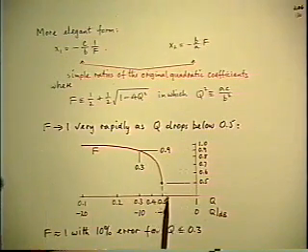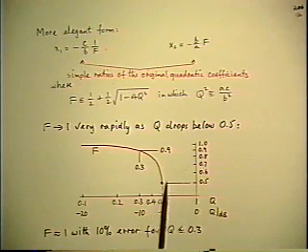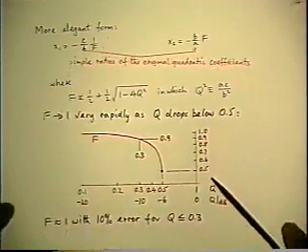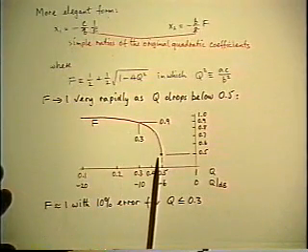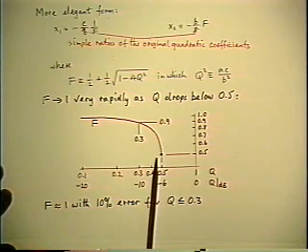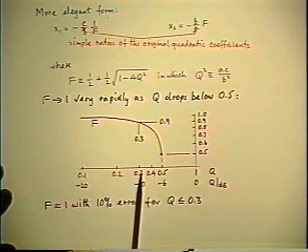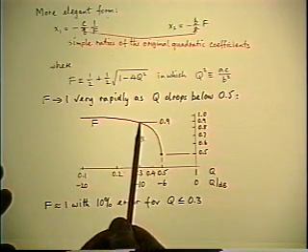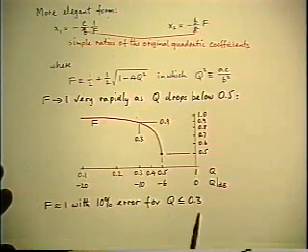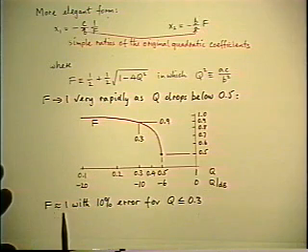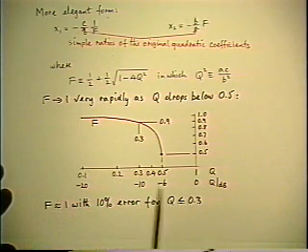And the additional information you get by looking at this simple little graph is, look how rapidly f approaches 1 as q drops below 0.5. In fact, if q is even 0.3, f is already 0.9. It's within 10% of its final value of 1, even if q is as big as 0.3.